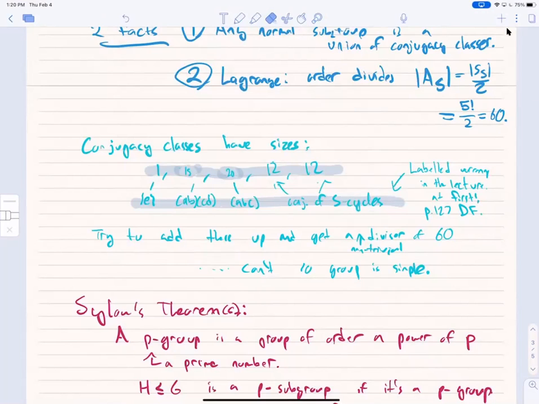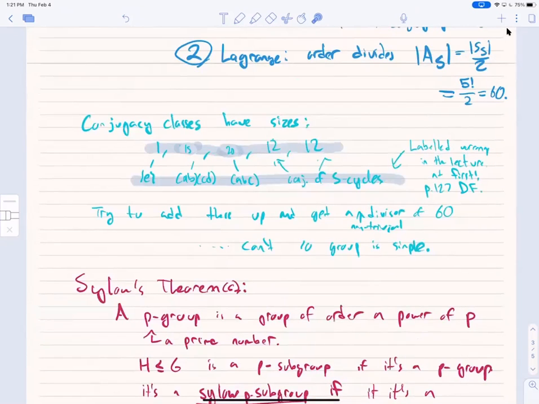So the two conjugacy classes of 5-cycles should be the ones of size 12, and they should split into two conjugacy classes of the same size. There's a reason that you don't get different size conjugacy classes here. And the 15 was the product of two 2-cycles, and the 20 was a 3-cycle. Okay, sorry about that.